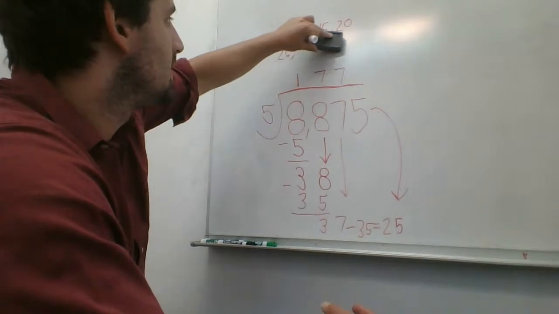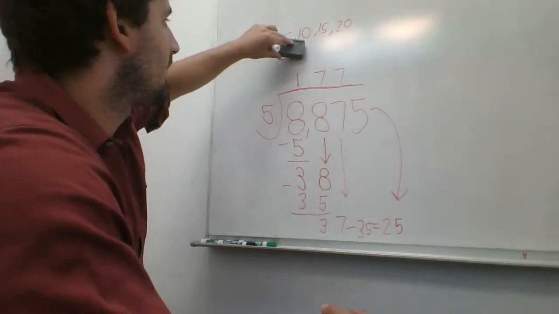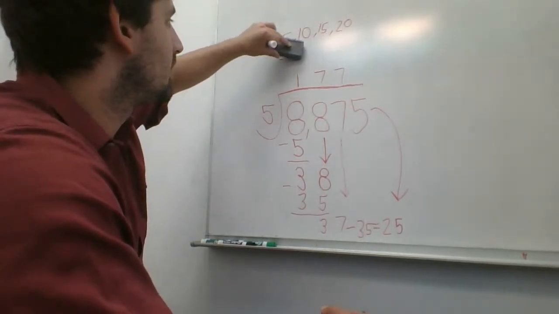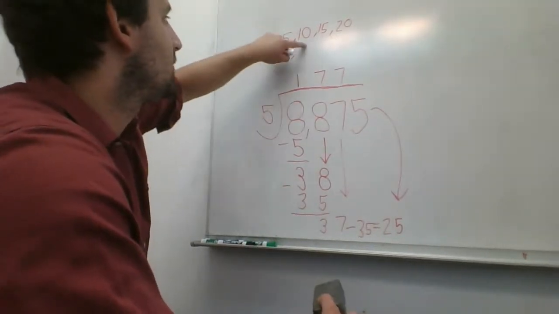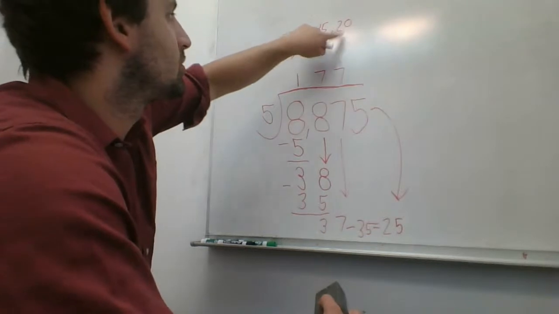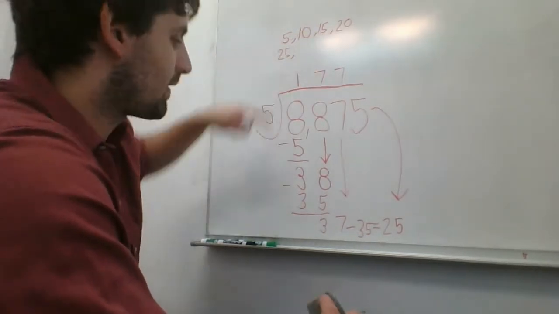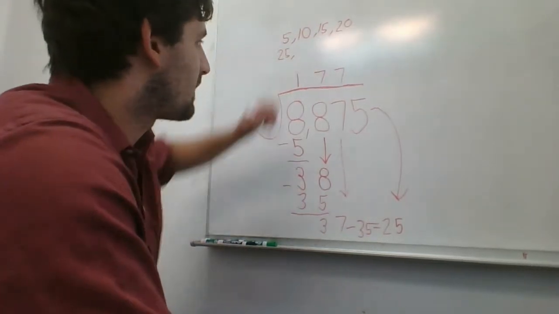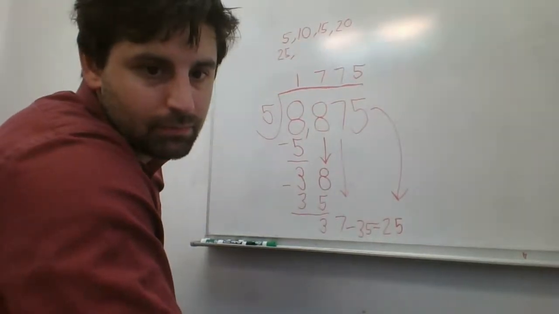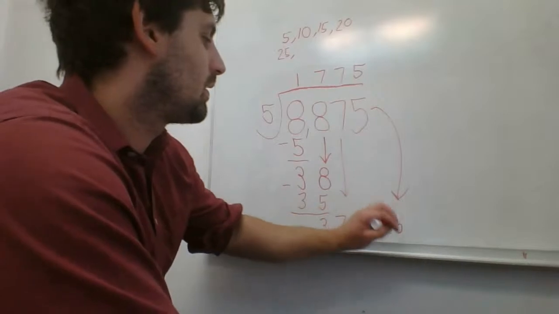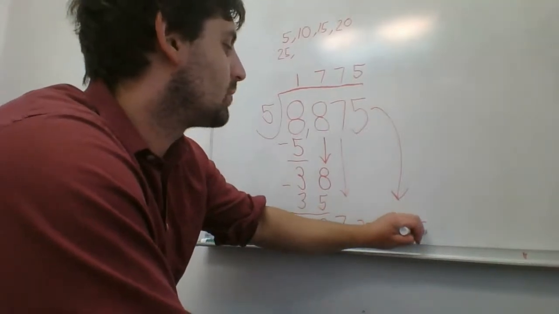If I erase the last 2 5s I just counted, I can do that. I have that right here. No need to erase and start all the way over. 5, that's 1 group of 5. 10 is 2 groups. 15 is 3 groups. 20 is 4 groups. 25 is 5 groups. So 25 divided by 5 equals 5. And 25 minus 25 equals 0.